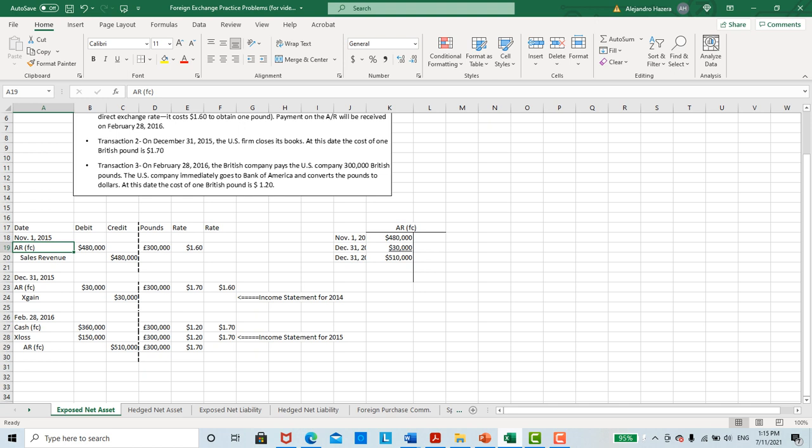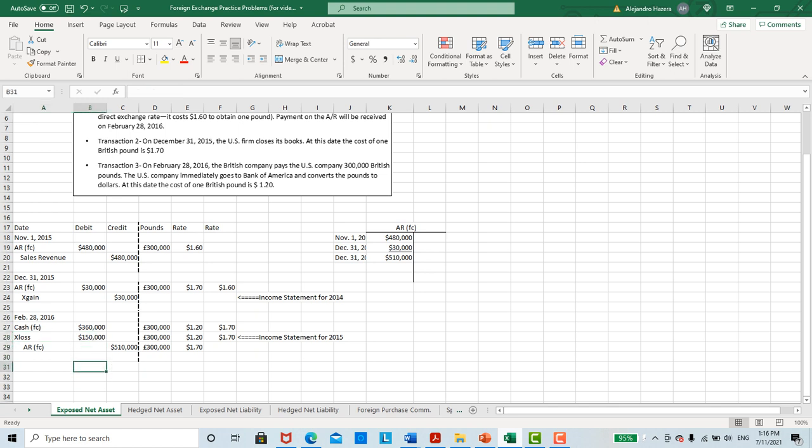Since the foreign currency you get fluctuates with the exchange rate, the value of the receivable fluctuates. In the first year, it went up by 10 cents per foreign currency unit, so in dollars, you had a gain of 30,000, which is 10 cents times 300,000. Then it went down from $1.70 at the end of last year to $1.20 at the date this was settled. So you lost 50 cents for each one of those, 150,000.